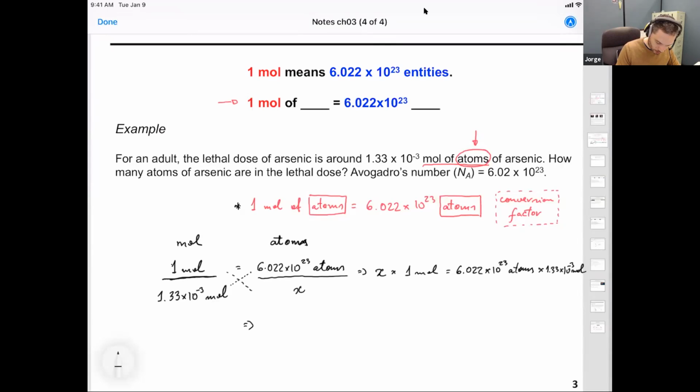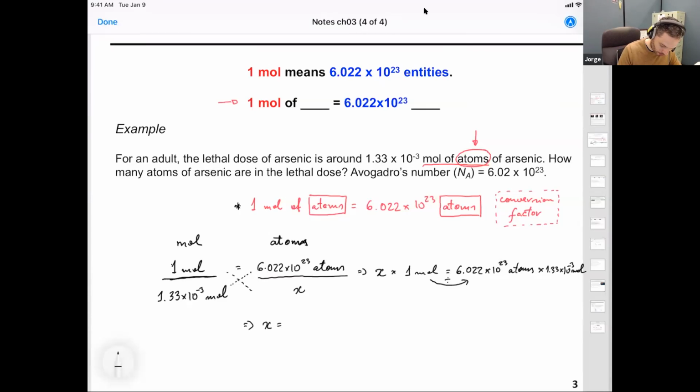We don't need to write that out, but I'm just going to show you. So we have to isolate x, therefore 1 is going to move to the other side doing the opposite operation.